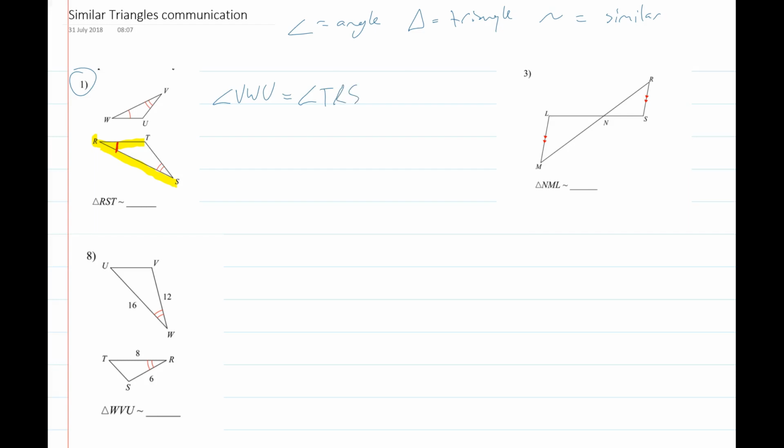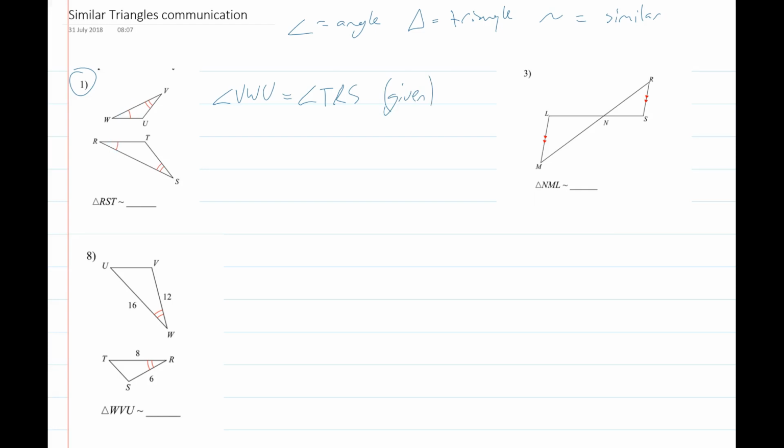That line is telling us that the angle from V to W to U is the same as the angle from T to R to S. And we generally write down how we know that. In this case, they've told it to us because of the marks. So we just say it is given.